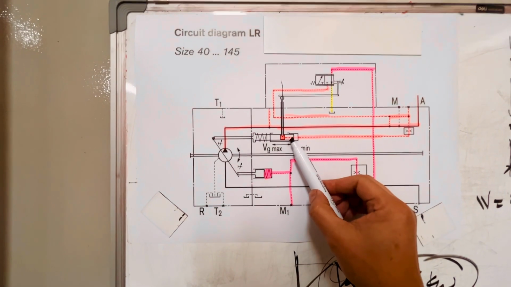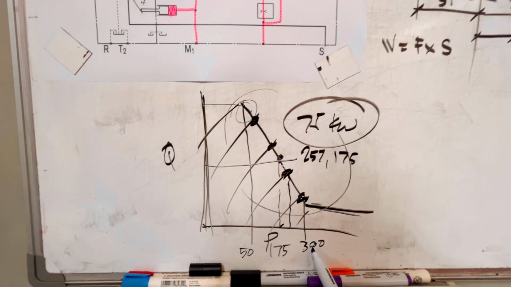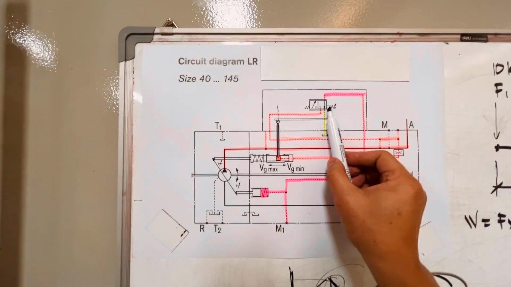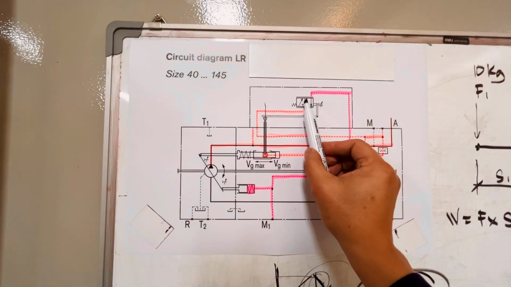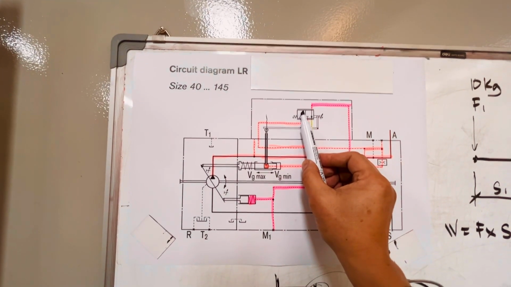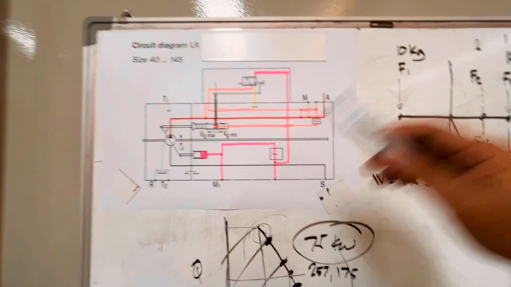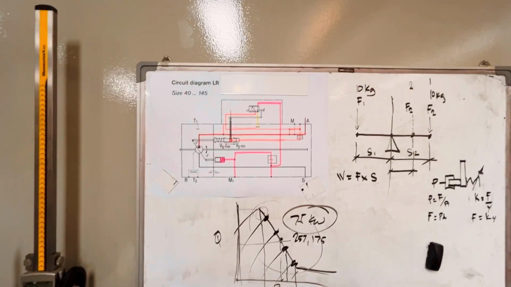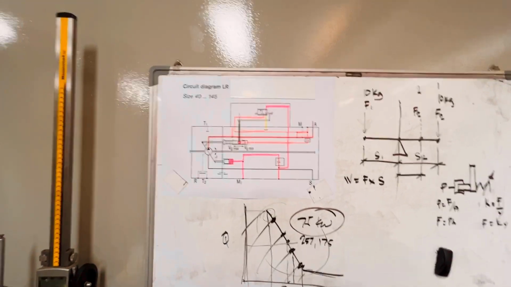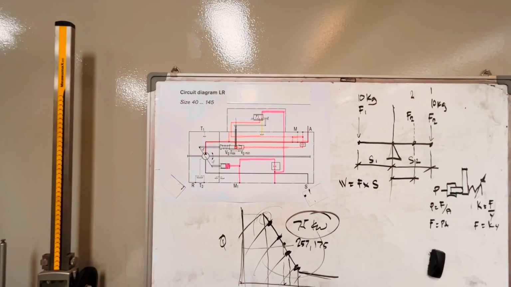Once it gives you 300 bar, this spool will move to the right again, and it will reduce the flow so that the drive power will not stall, and then you have a constant speed as well. So that's the LR.